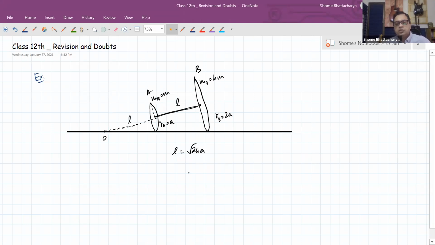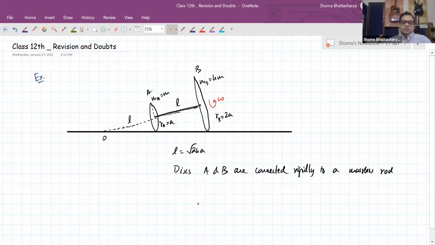The two disks A and B are connected rigidly by a massless rod of length L like this. And now this system is rotating about the axle with an angular speed of omega, let's say like this.